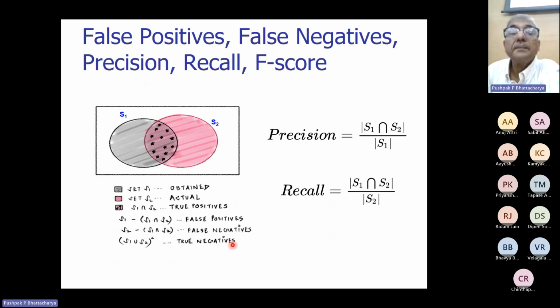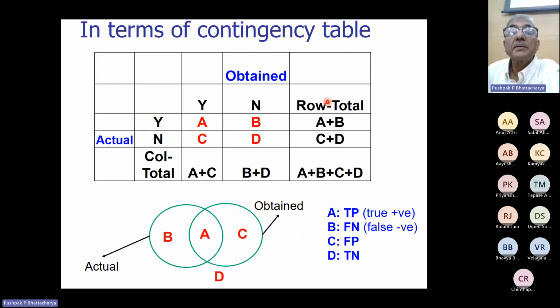So now, in terms of what is called the contingency table, so actual are yes and no, obtained are also yes and no. So A plus B is the row total, okay? And C plus D is also the row total. The total number of instances is A plus B plus C plus D. So this is the region where there is agreement between classifier and the actual concept class.